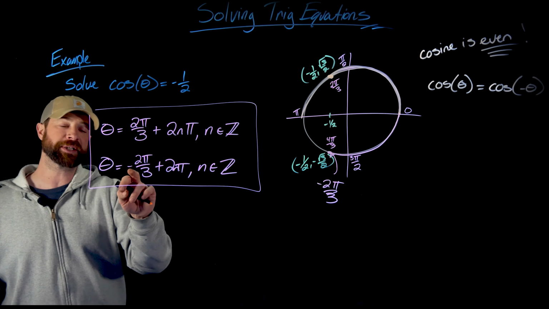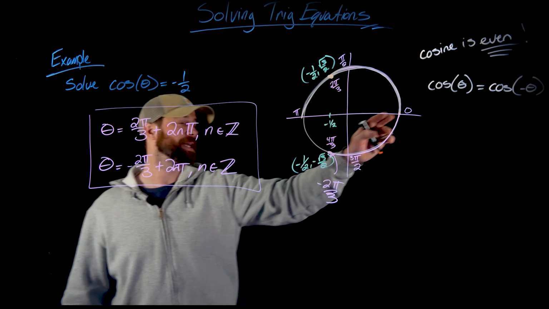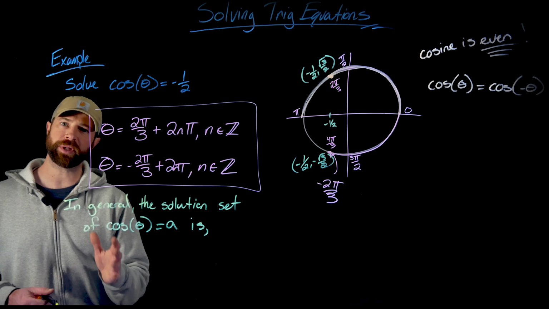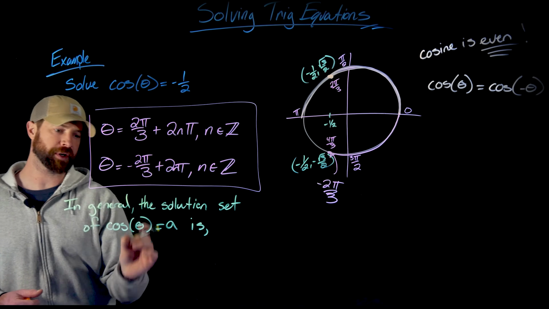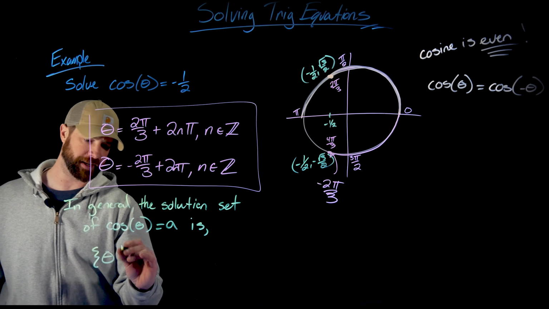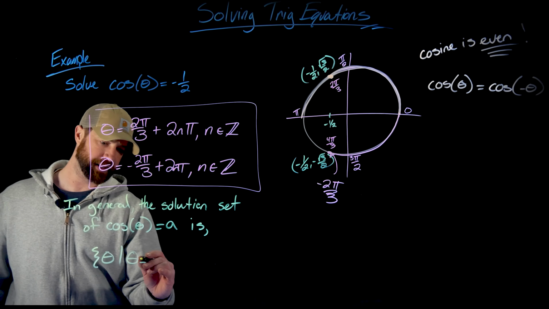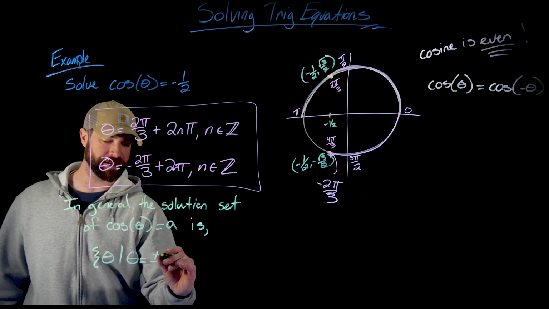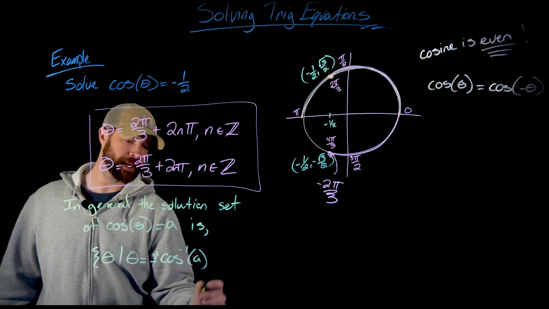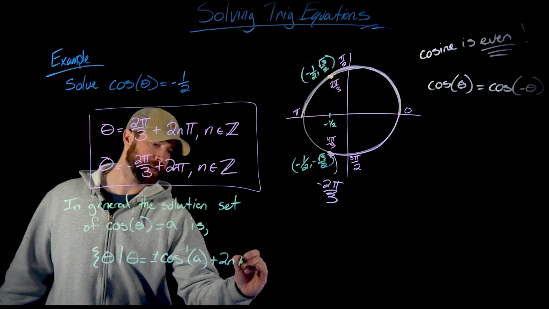Then I'll simply use the fact that cosine is even to find the second point on the unit circle. And the generalized form of the solution set for a cosine equation of this form is the set of theta values such that theta equals positive and negative, or plus or minus, cosine inverse of A plus 2n pi.